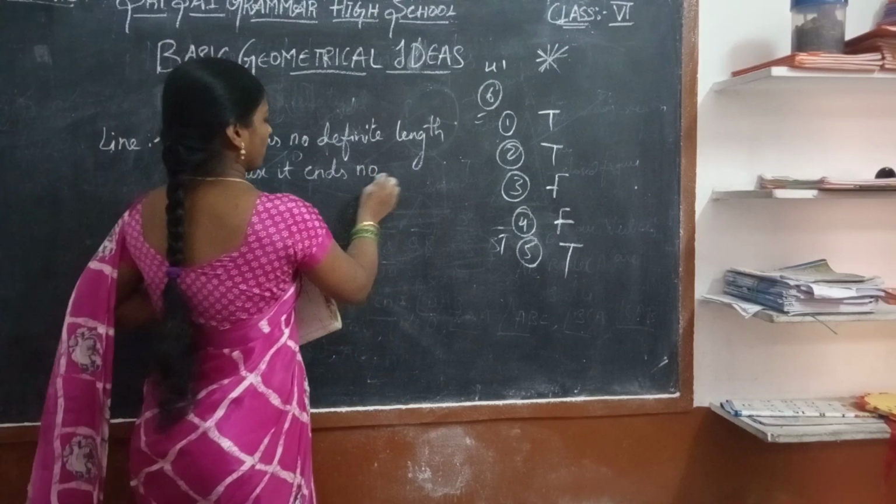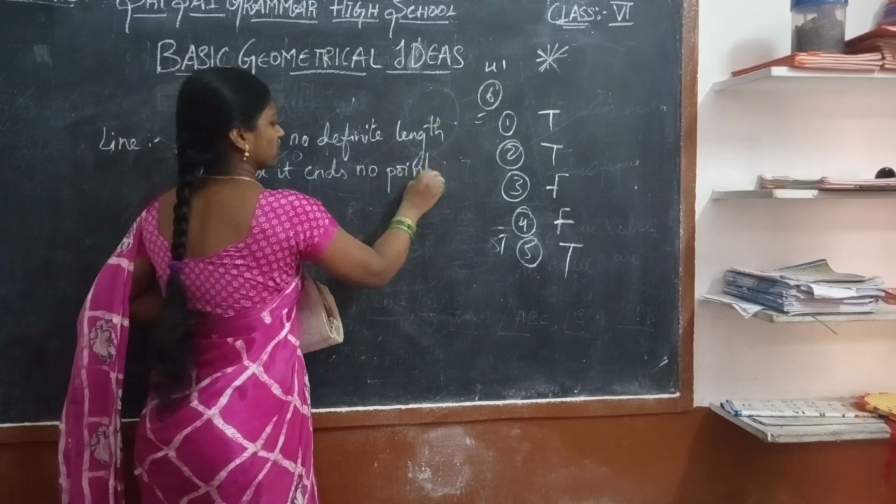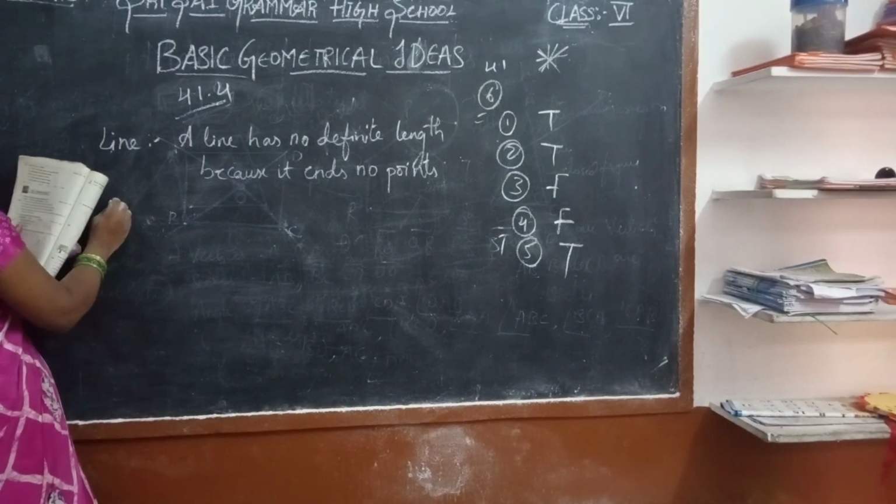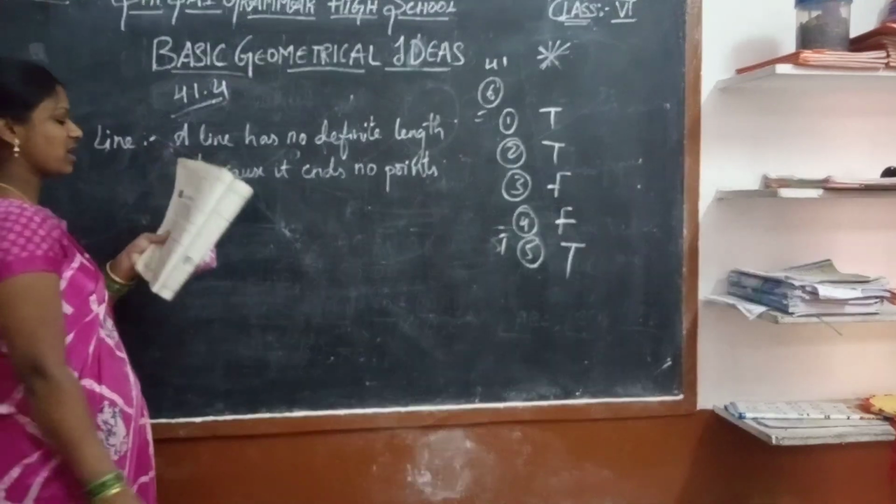A line has no end points. No end points can be seen. And also a point. A point has no definite length because it determines a location.